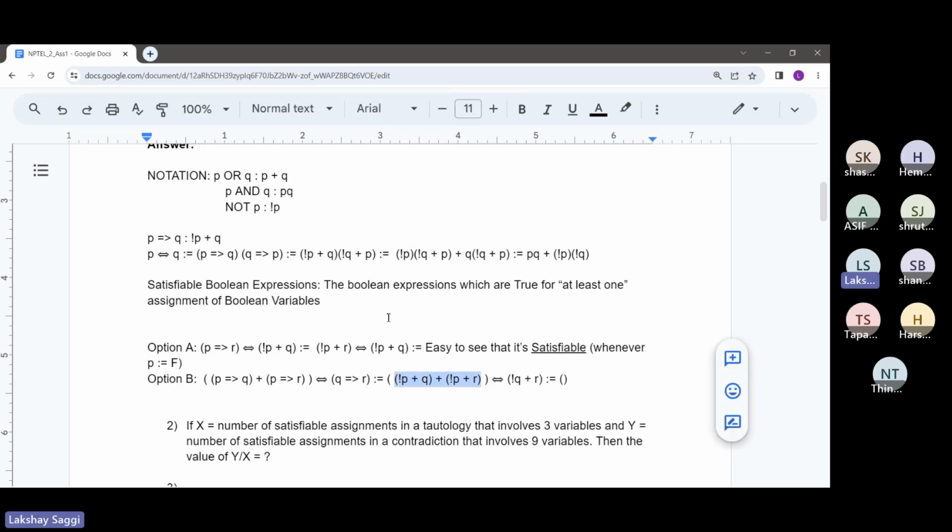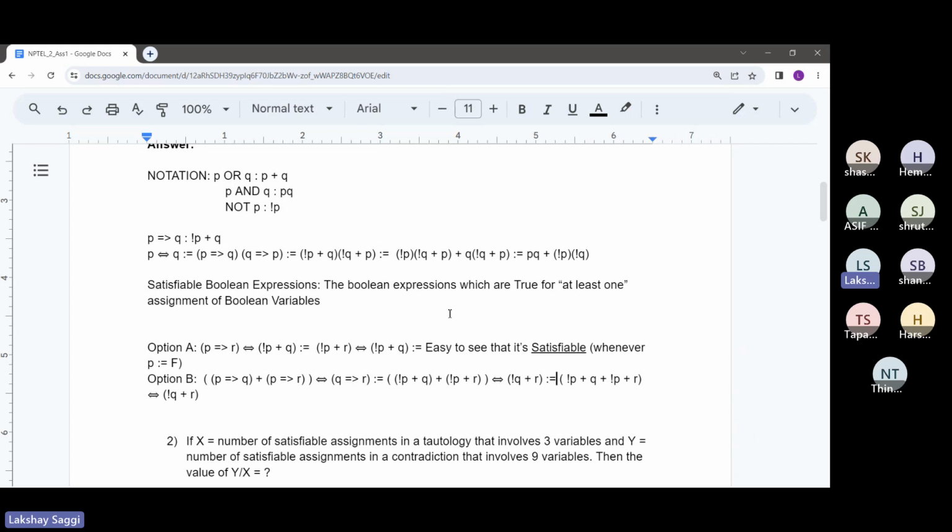I'm just reducing this left side of the expression. I'll keep the right side as it is. Let me just see what happens then. So I'll reduce that to not P plus Q plus not P plus R, and maybe I'll put all of this on the next line. This is in if and only if relation with not Q plus R. Now I can change the ordering among these, since the OR operator is also commutative.